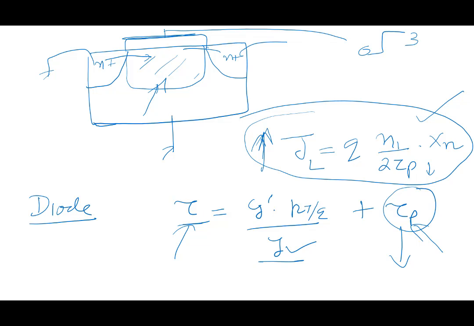Okay, so the way to make the diode faster. The diode that we are talking about is like this: P plus and N, a very large diode. This is x equal to 0 and this could be x equal to L, the length of the diode.